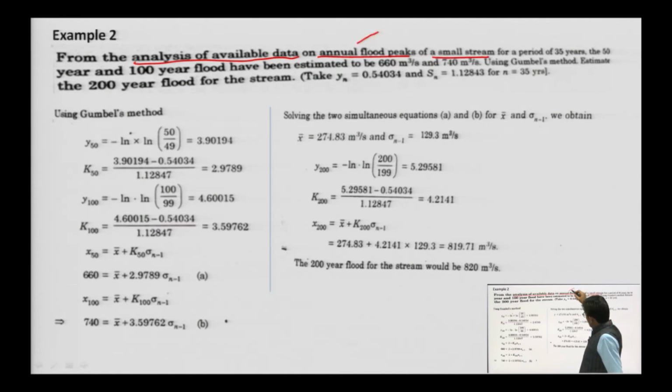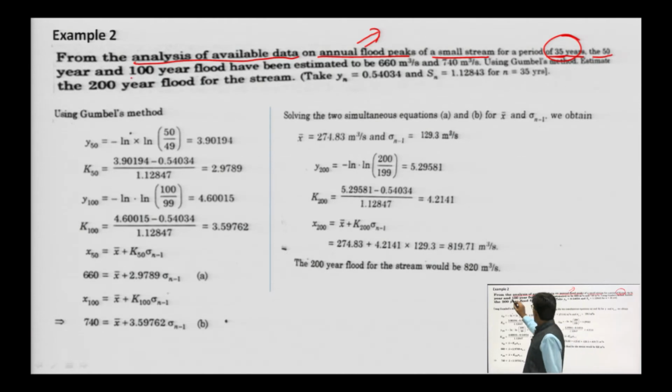I told you in the previous class that we use two types of data, annual and partial. The data is for a period of 35 years, that is, t is equal to 35 years, and the 50 year and 100 year floods have been estimated.